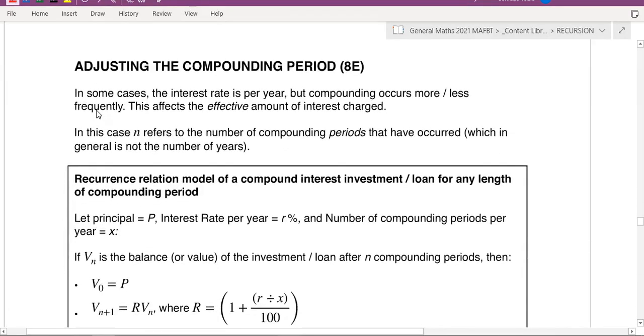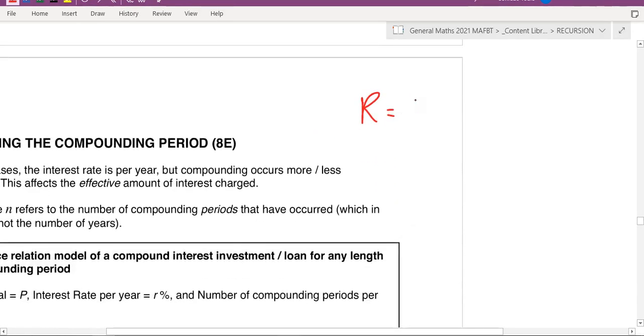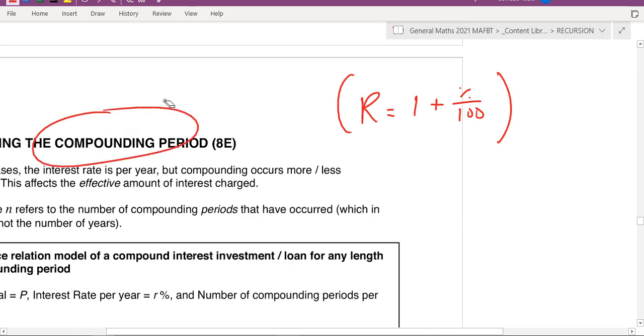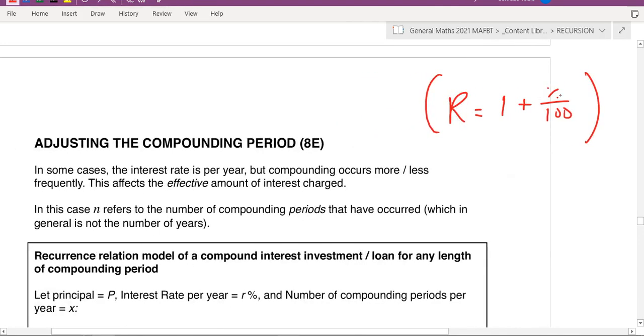Generally, when we've worked with these questions, you've always used this formula to find the R: R equals 1 plus the percentage over 100. That's for finding the common ratio, but now for compounding periods. Generally the question is pretty straightforward because you're compounding only once a year.